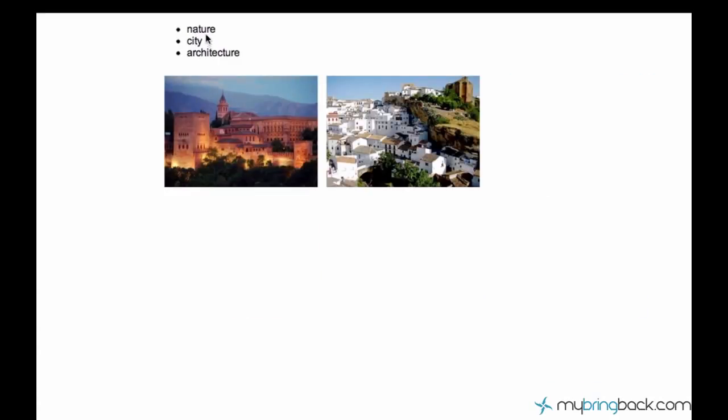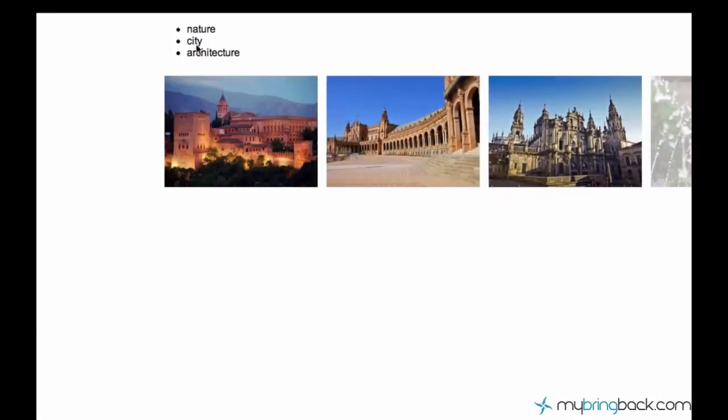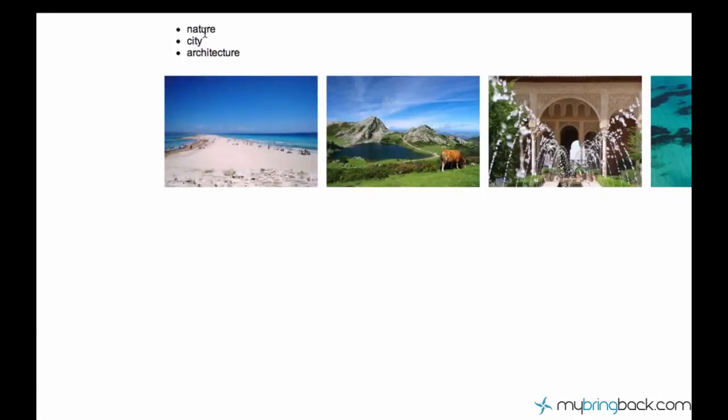Now we can switch between cities, nature, and architecture, but we also want to have an all category, and when we click on it, we want the whole portfolio to be back again. And we also want to add some feedback to the user so the user knows which category is currently active. And this is something we are going to do in the next tutorial.